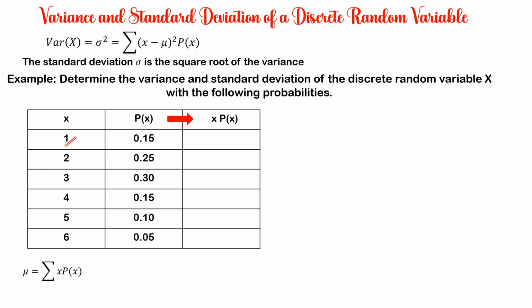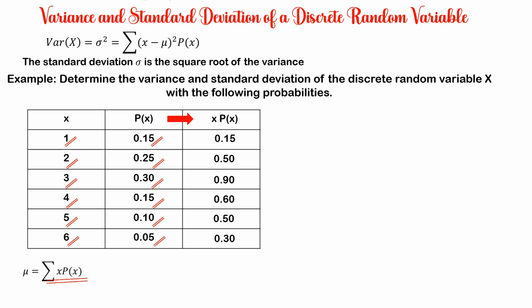First, the first value of x is 1 times 0.15 is equal to 0.15. 2 times 0.25 is equal to 0.50. 3 times 0.30 is equal to 0.90. And then 4 times 0.15 is equal to 0.60. 5 times 0.10 is equal to 0.50. And last, we have 6 times 0.05 is equal to 0.30.